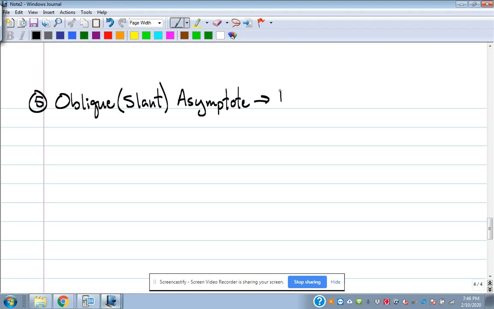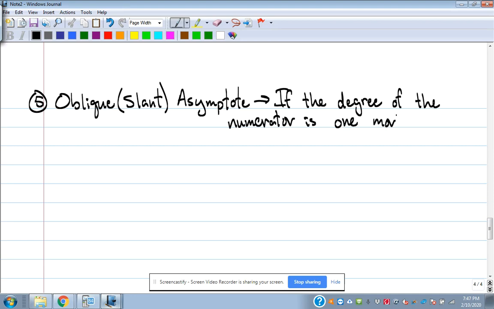They exist if the degree of the numerator is one more than the degree of the denominator.